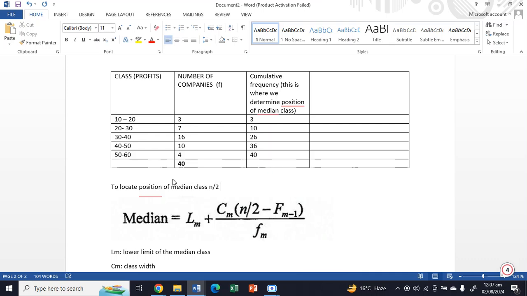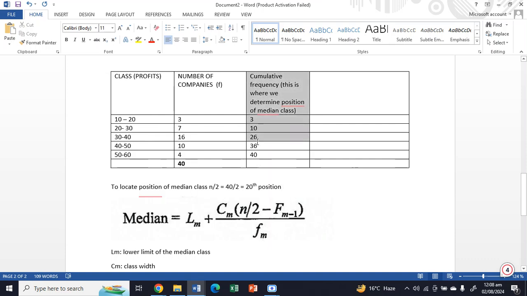N is the total frequency, so you're going to say 40 divided by 2. That gives us the 20th position. The median class is in the 20th position.